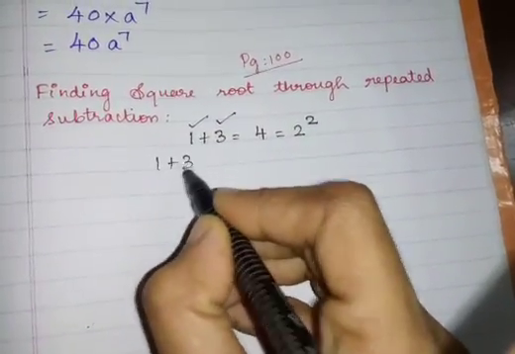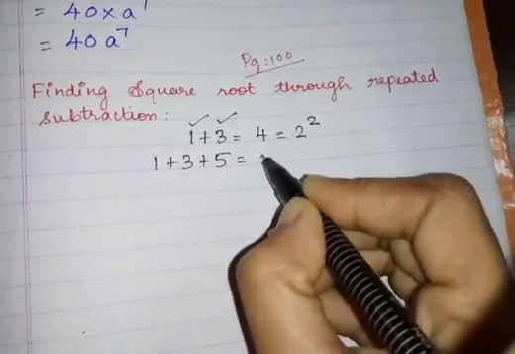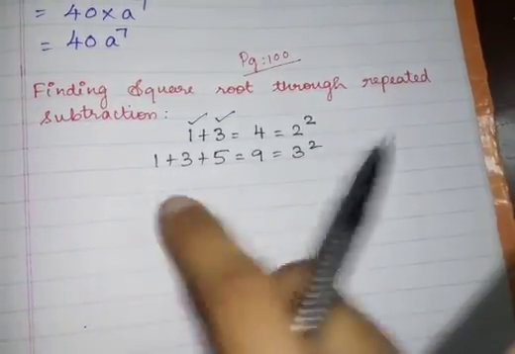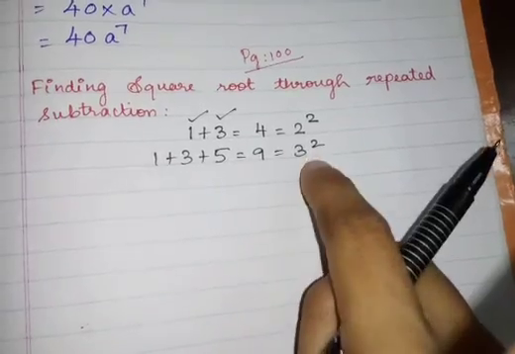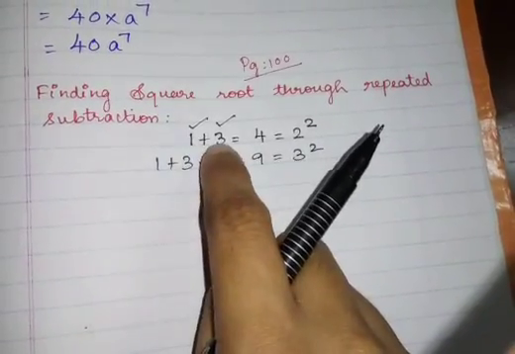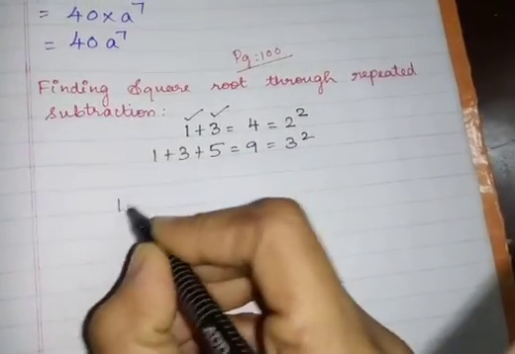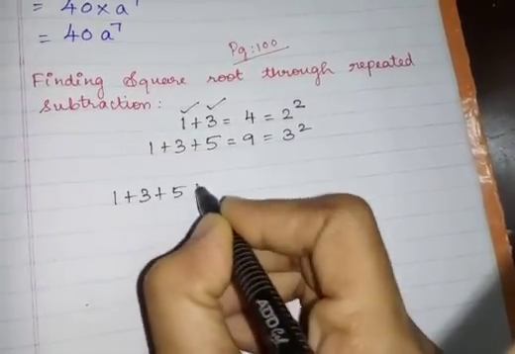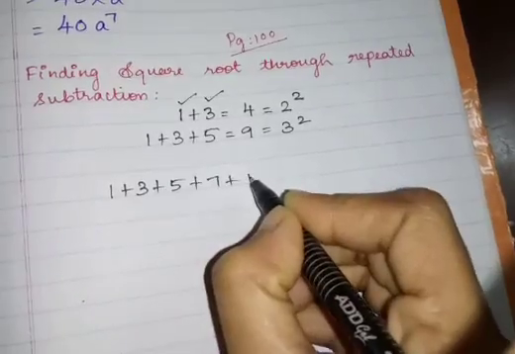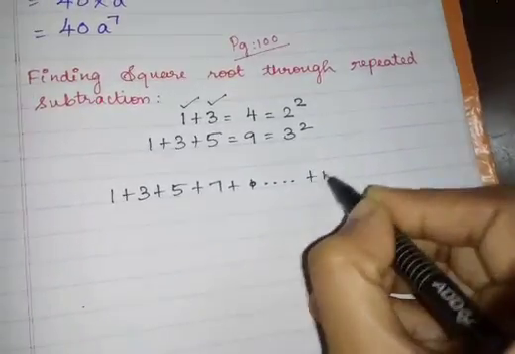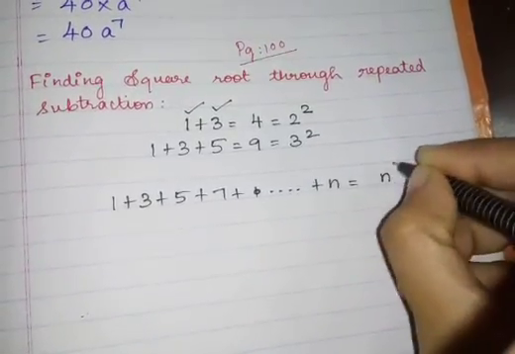When I add the first 3 odd numbers I'll get 3 square. So likewise, when you add 1 plus 3 plus 5 plus 7 and so on, till n, you will get n square.